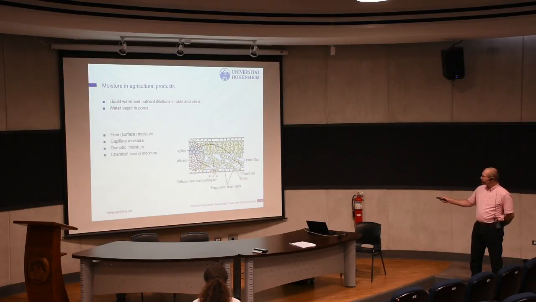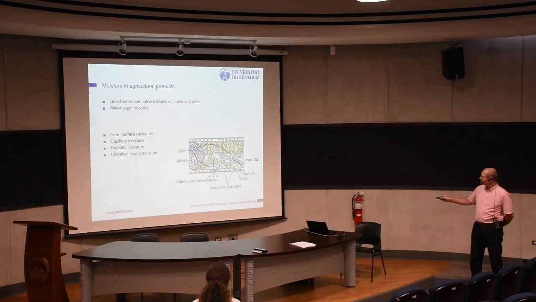And you have here such a structure, maybe a leaf of a plant. And you have different cells here, and in between the cells there are spaces, there are pores, and those pores are filled with air and water. And there's also an exchange with the environment via stomata.